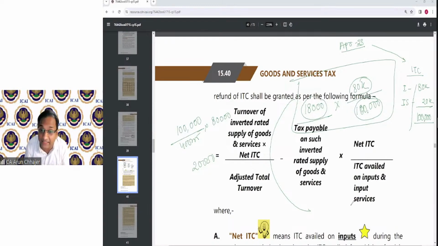So how much will it be? 18,000 into 4 by 5, around 14,400, something like this will come as the figure. Now you see, by revision in this formula, the refund amount which earlier was 2,000 has now increased to this much amount. Is it clear?